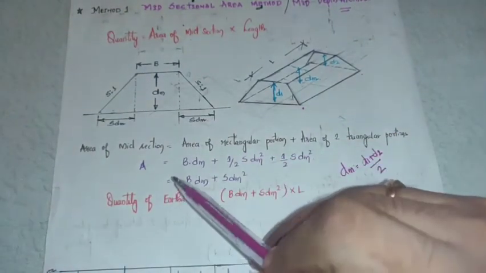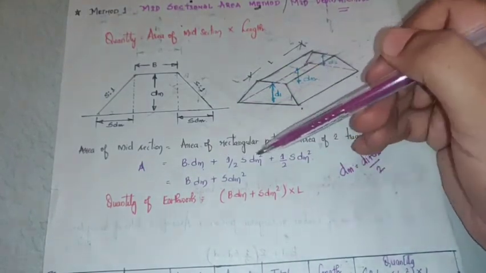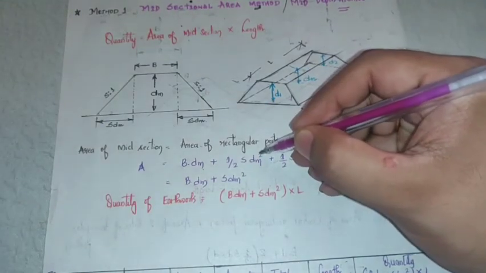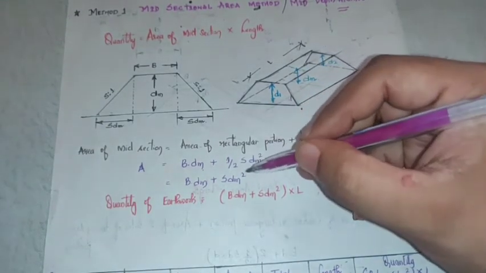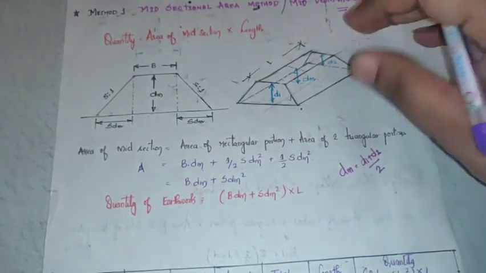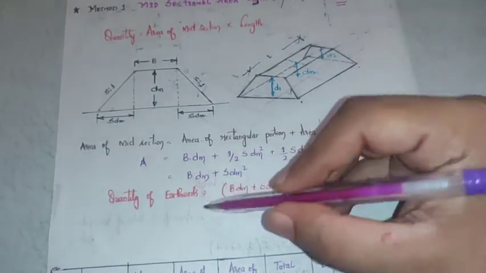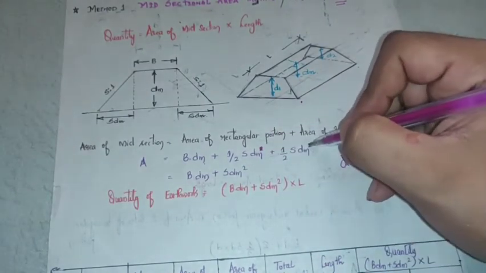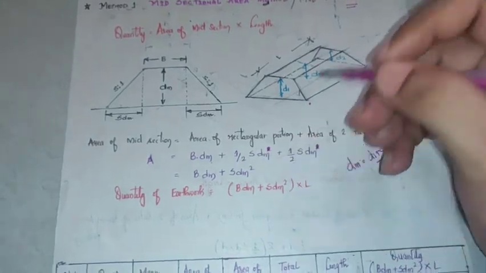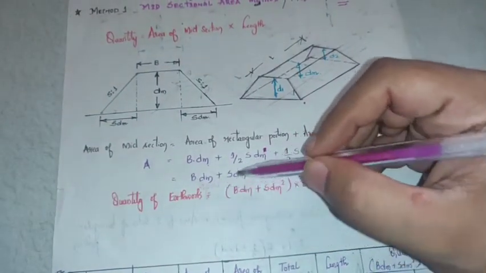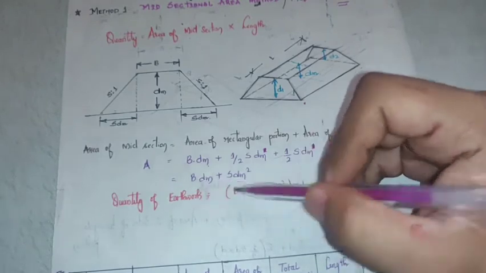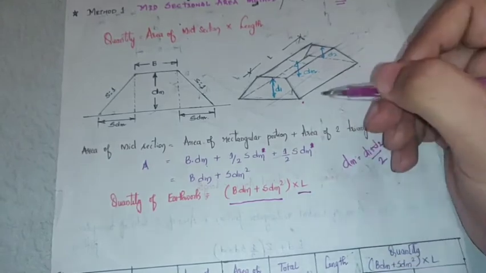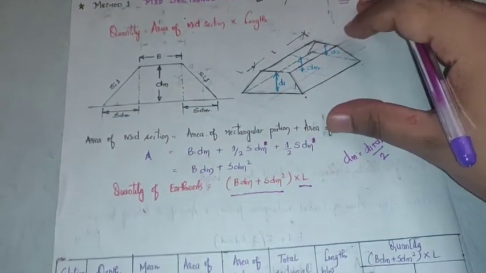So B into dm plus half S dm square plus half S dm square. So this will be B into dm plus S dm square. So this is the area at the midsection. If I multiply that with length, what I'll get? I'll get the quantity of earthwork.